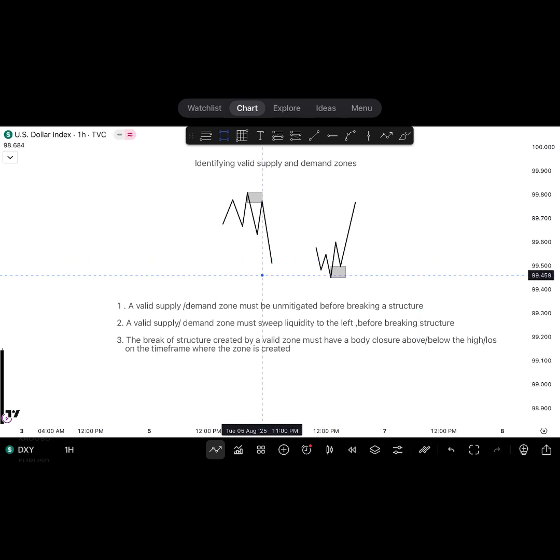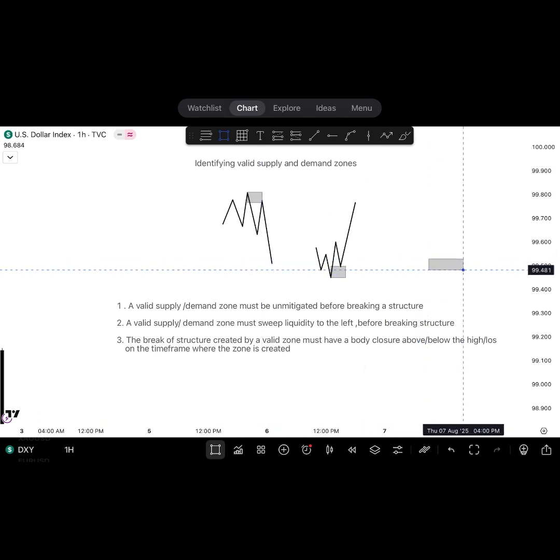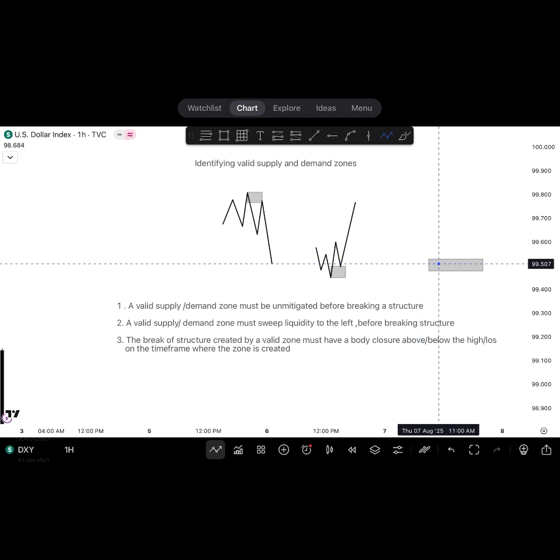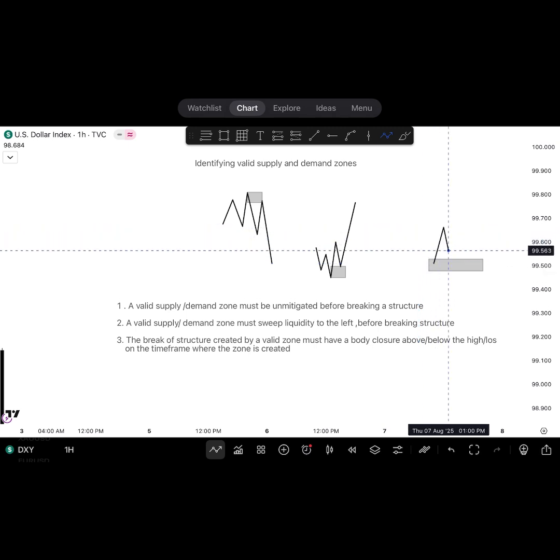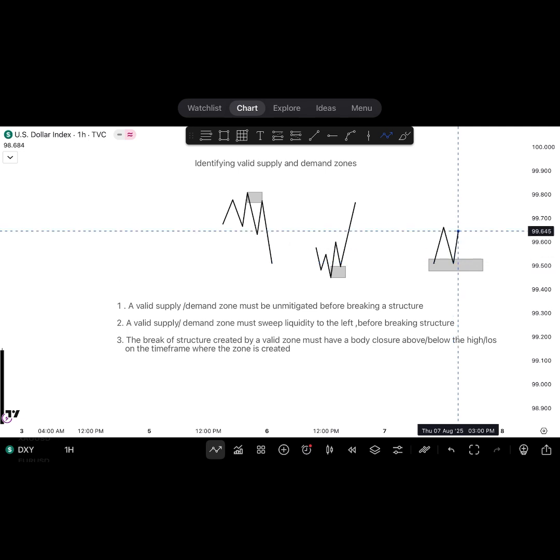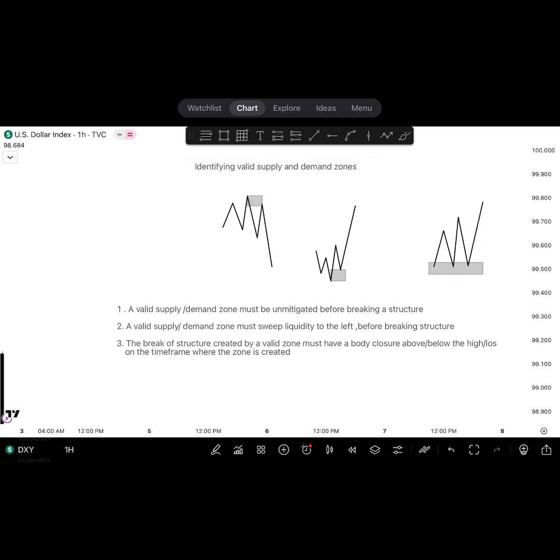Let's assume this is our demand zone right here. So price has traded off the demand zone. Price now came back into it again, traded something like this. There is every probability that demand zone would not hold because it is already weak.